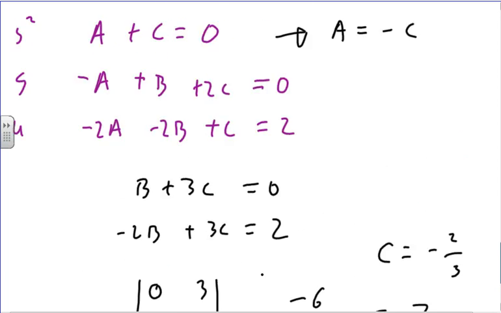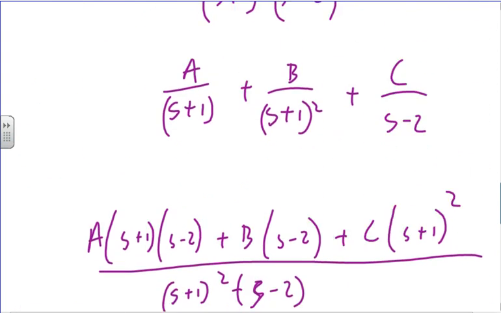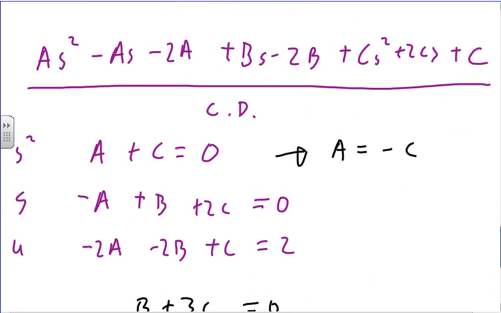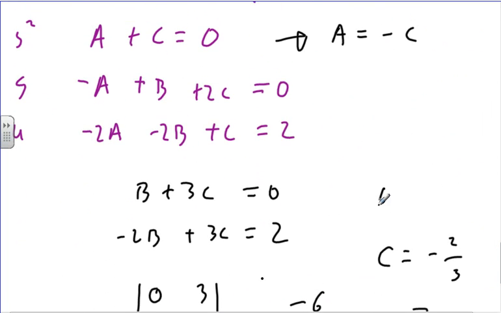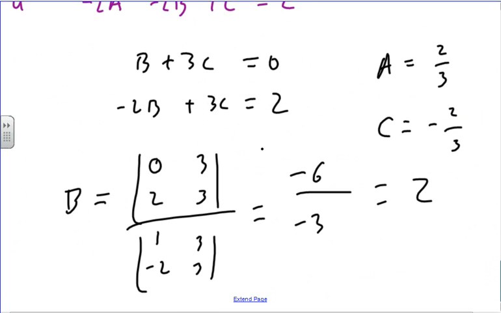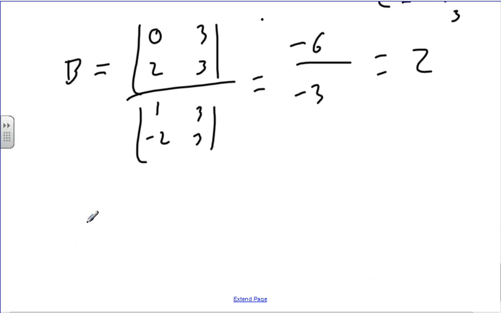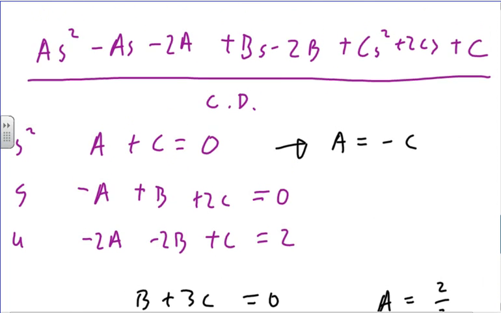And if C is minus 2 over 3, then A had best be plus 2 over 3. Okay, so I'm all set. X of t, oh yeah, x of t, right, is equal to what?